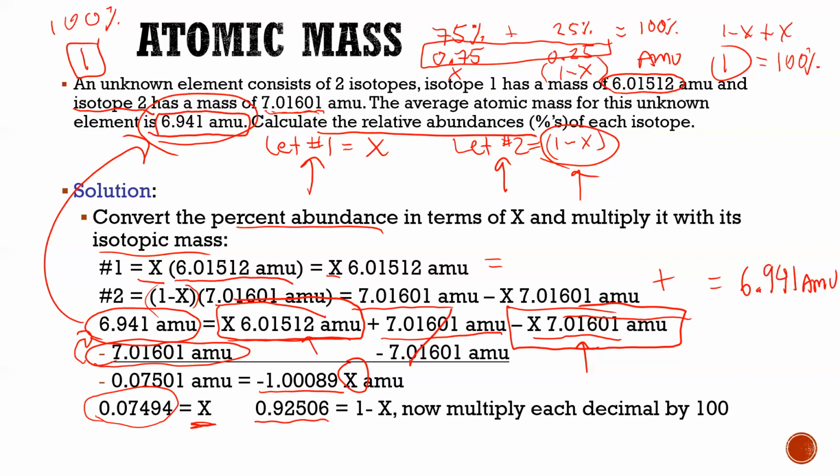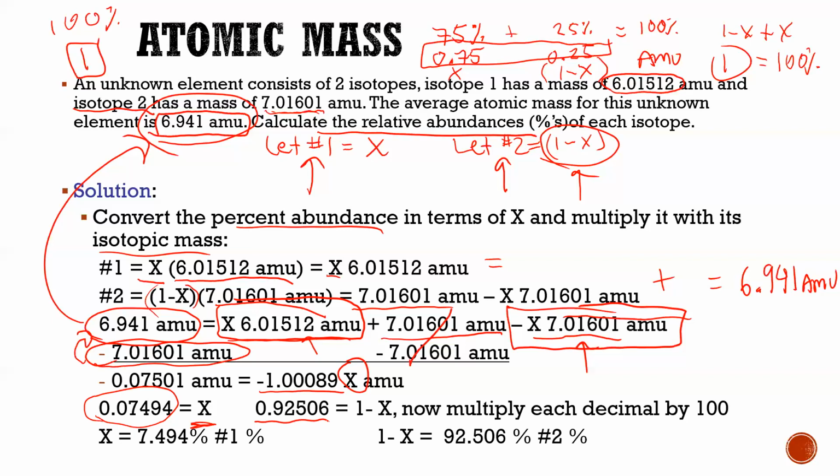Now I take both of those in decimal form and I multiply by 100. And I get my relative abundances. So isotope number 1 is found 7.494% of the time, and isotope number 2 is found 92.506% of the time. And that makes sense.